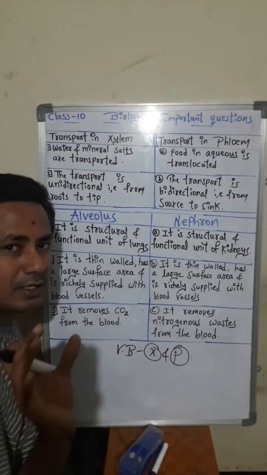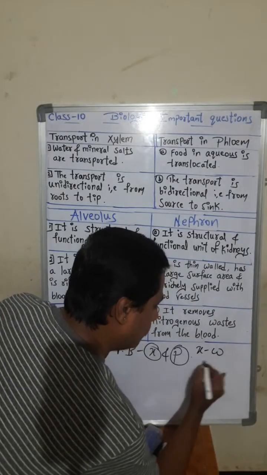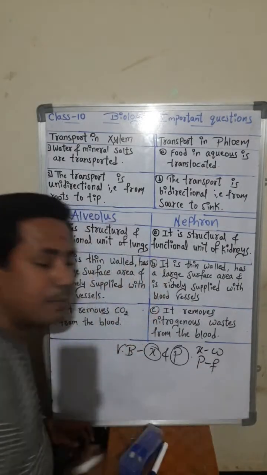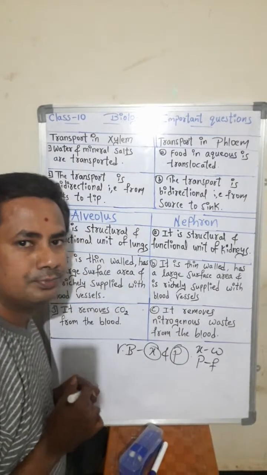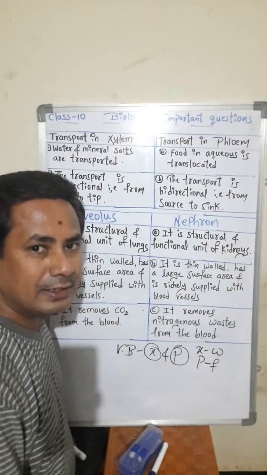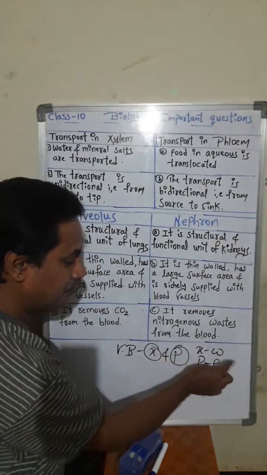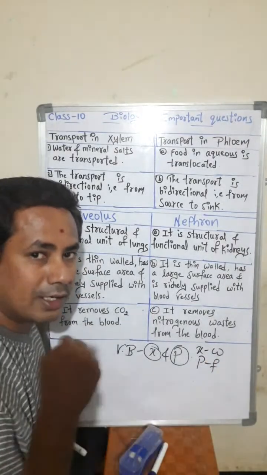So I have made one small trick. What you have to remember is XWPF. This is a biology formula, and it is easy to remember. X means xylem, W means water, water conducting tissue.